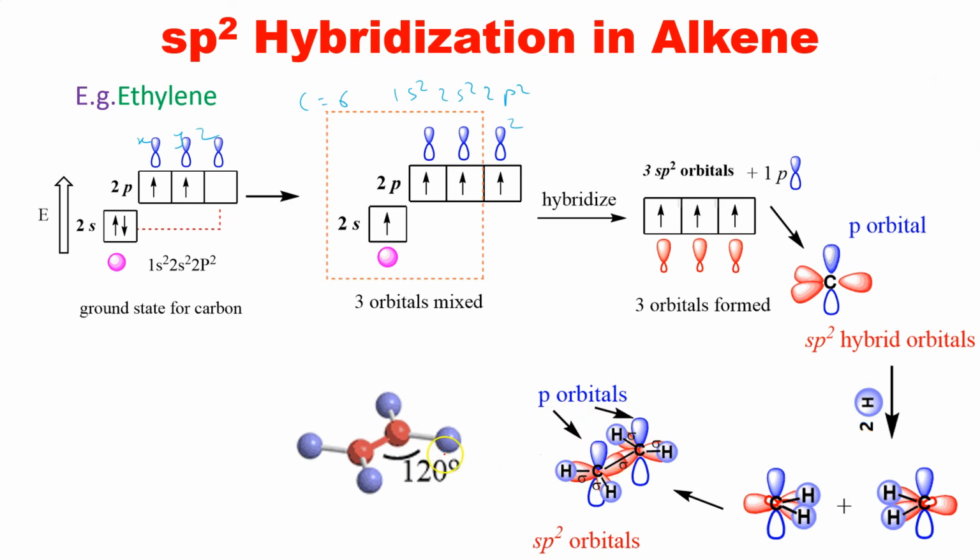The bond angle, as I have discussed, is 120 degrees, and the new bond formed between these p orbitals is by side-by-side overlap. When a sigma bond forms, the overlap is along the axis.